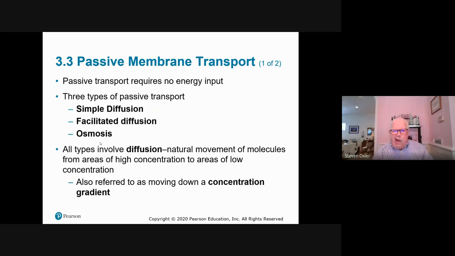All of these involve diffusion, a natural movement of molecules from areas of higher concentration to areas of lower concentration to create equilibrium. And what we say is they're moving down a concentration gradient from high to low to maintain an equilibrium.